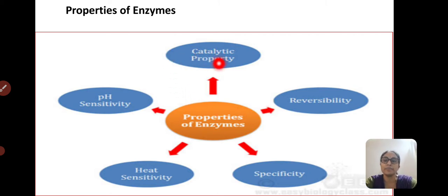Quickly, if we glance, the catalytic property: like any other inorganic catalyst, the enzyme is also present in very small proportions. A very small proportion can act and give the products. And colloidal nature, colloids are nothing but particles of dimension 1 to 100 nanometers, suspended in the dispersion medium.